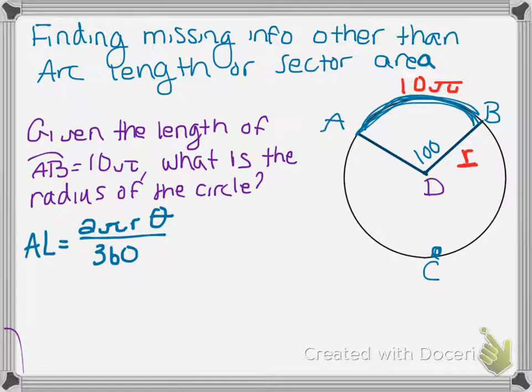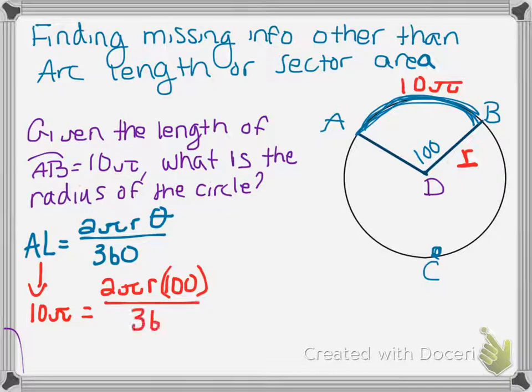So let's plug in everything that we know. The arc length is 10 pi. Then we have 2 pi, we leave r because that's what we're looking for. Theta is always the angle measure of the arc, so we know that our angle measure of our arc is 100, and that's divided by 360.